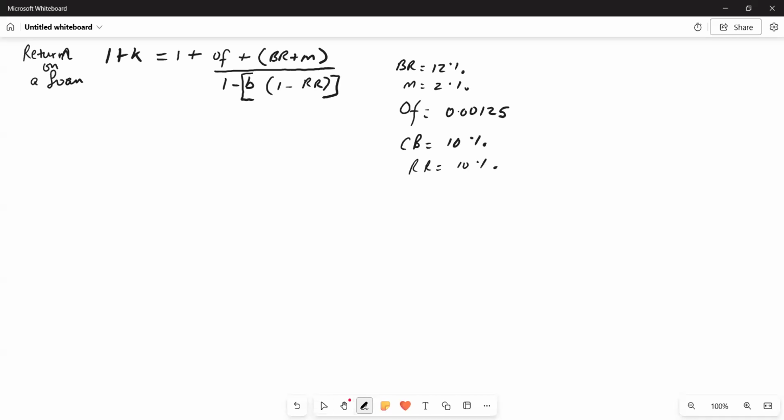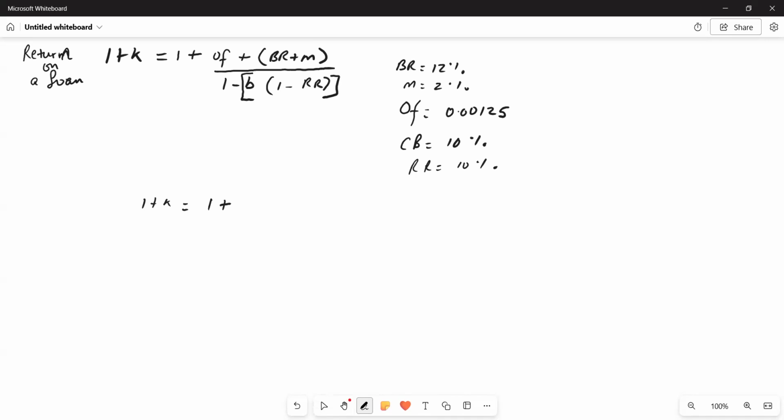So if you were to plug these numbers into the formula, we would have 1 plus K is equal to 1 plus, you remember that loan origination fee? Remember that fee?